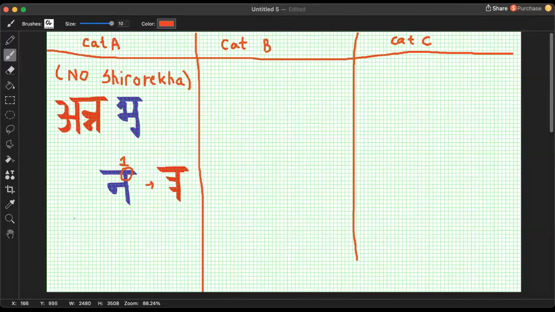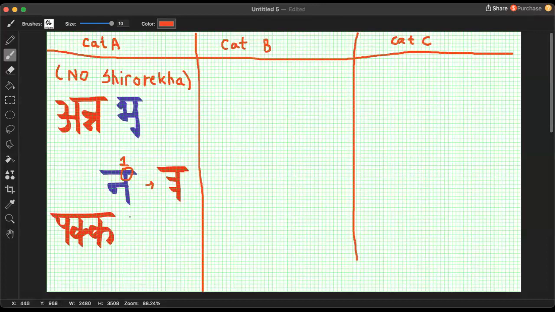Say you want to write another word, "pakka". Say "pa". This is the Devanagari alphabet word I'm writing. You have "ka", and "ka" is a conjunct here. Okay, this is "pakka" in Devanagari.